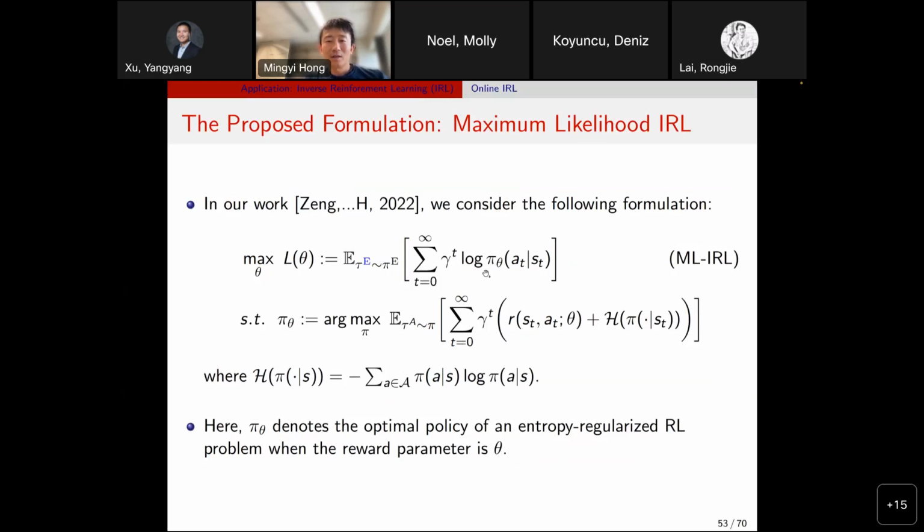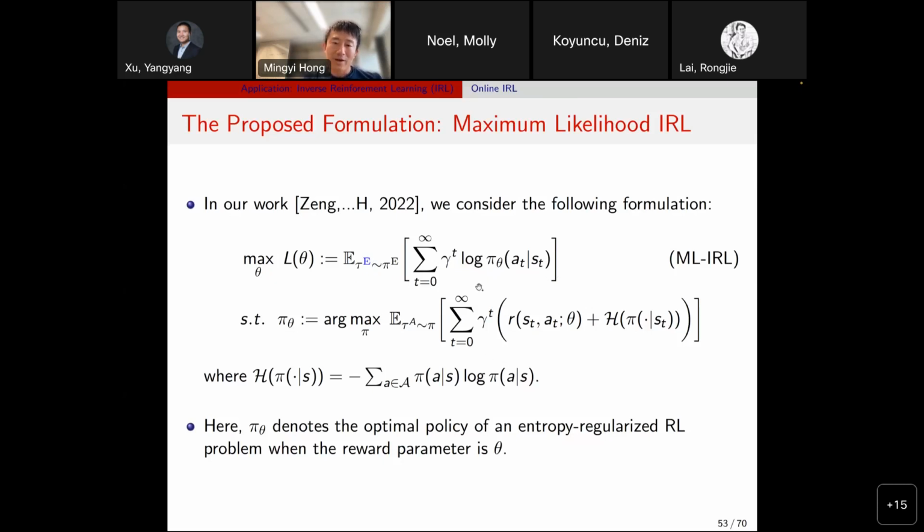For the upper level problem, the expectation is taken with the expert policy. This is the log likelihood function for my learned policy. I want this learned policy to match the expert policy as much as possible. This is the maximum likelihood principle.